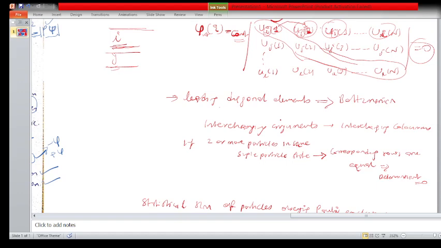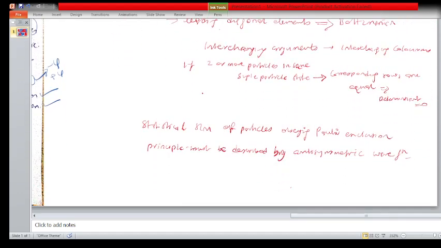So the determinant equal to 0 corresponds to the antisymmetric wave function. So any particles obeying Pauli's exclusion principle must be represented by an antisymmetric wave function.